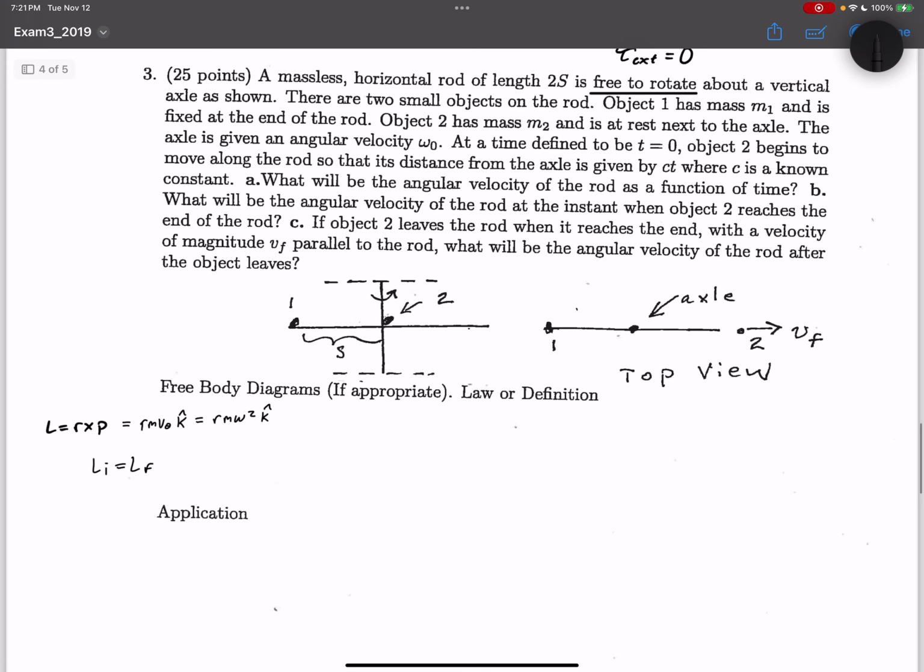We know that the axle is given an angular velocity omega naught.